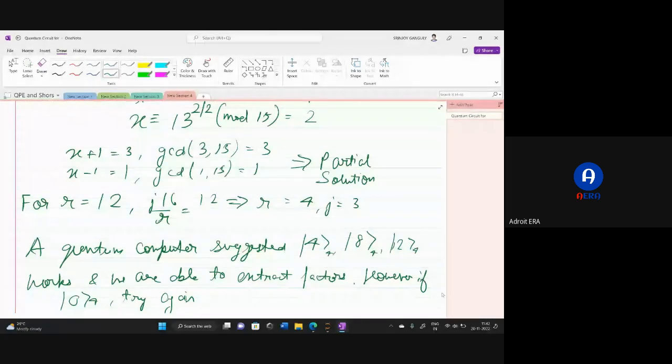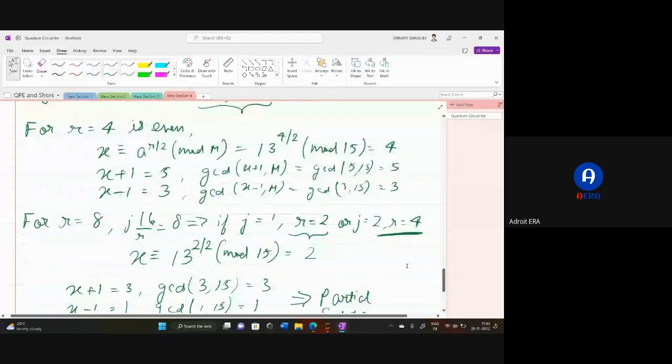So if you see, for r is equal to 12, we get r is equal to 4. When you solve j16 by r is equal to 12, that can only happen where r is equal to 4 and j is equal to 3. This proves that for both 4 and 12, we are able to receive a full solution. Only r is equal to 8 is the partial solution, therefore we can ignore that.